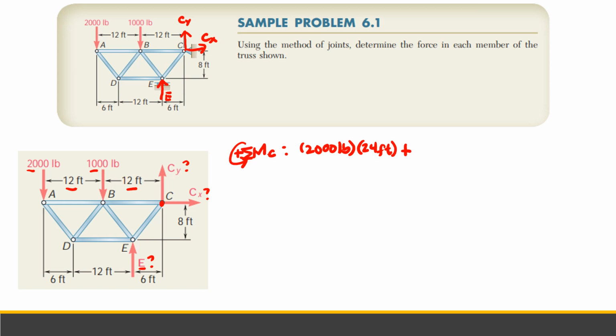The next force is the 1,000 pound force multiplied by its perpendicular distance with respect to C, which is 12 feet.